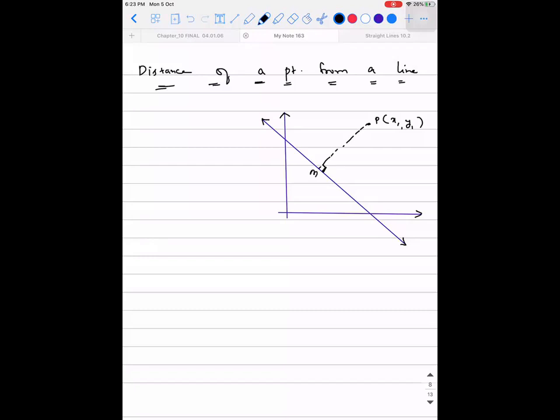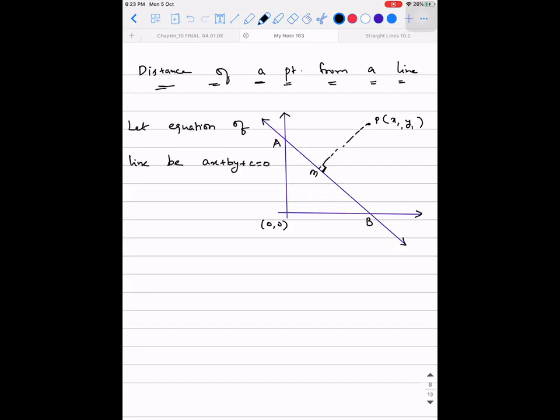So if I take this point as M, let me take these as A and B, and obviously this is going to be the origin. Okay. So observe what I'm going to do. Let the equation of line AB be ax plus by plus c equals 0.